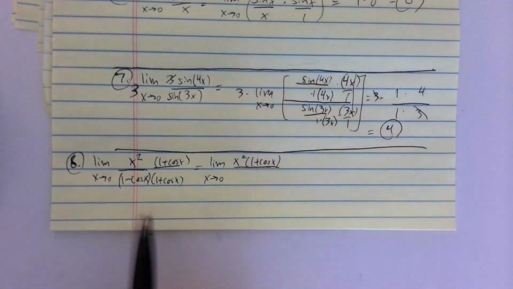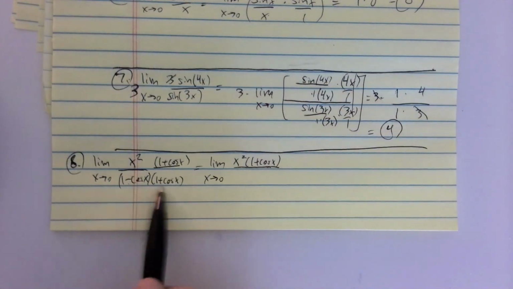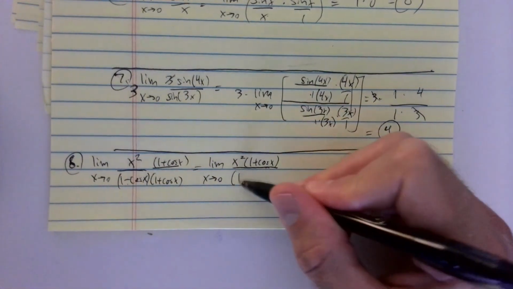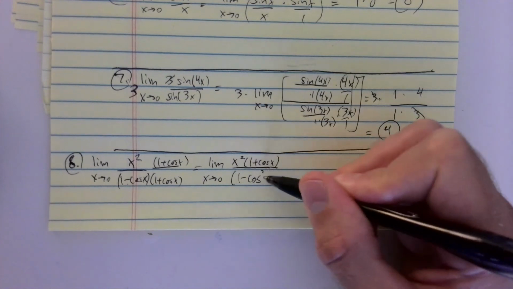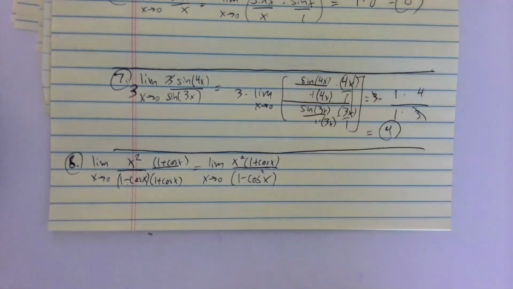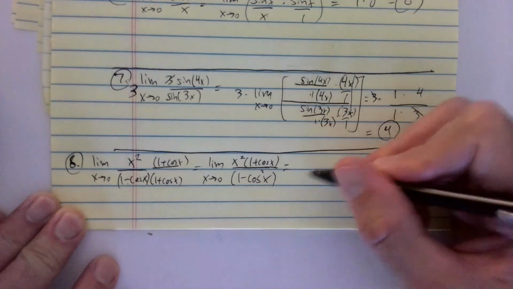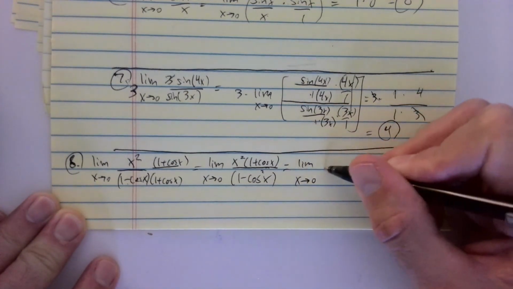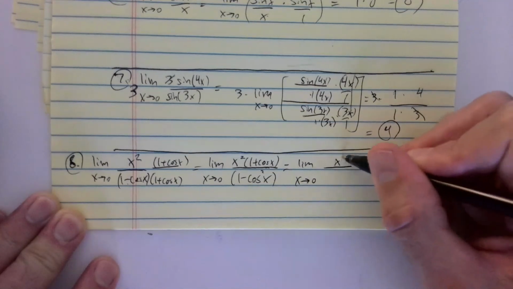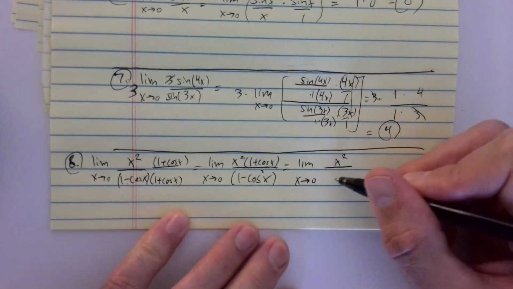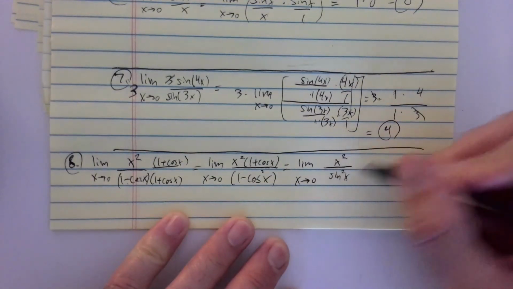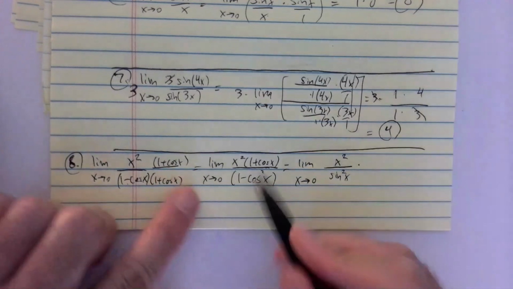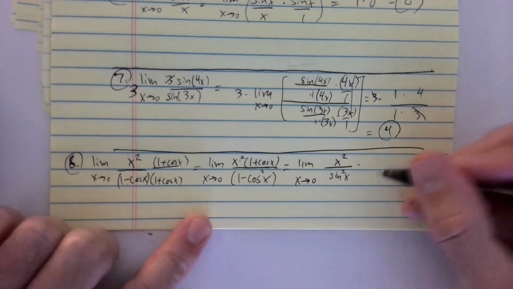And then in the bottom, that is a difference of 2 squares, so I get 1 minus cosine squared x. Oh, that sounds like a Pythagorean identity. So that's limit as x goes to 0, and I'm going to write this as x squared over sine squared x. And this factor here, I'm just going to write multiplying to the side.